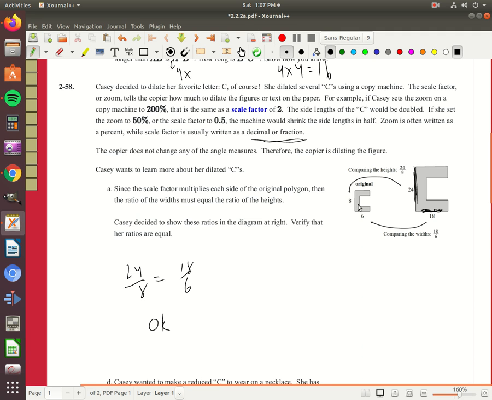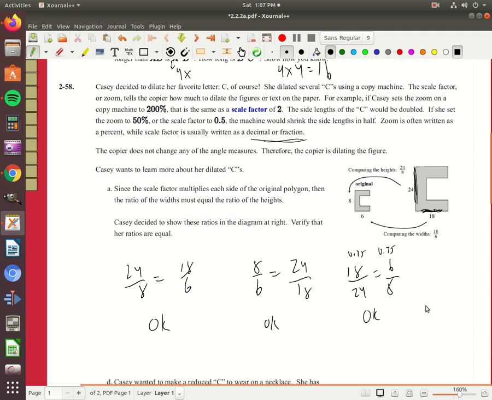Or we can compare the 8 to 6. We'll compare the small c to itself. That's the same as 24 to 18. And that's okay. We could compare the big width to the big height, as long as we compare the small width to the small height. All these work out fine. This is going to give me 0.75 and 0.75.